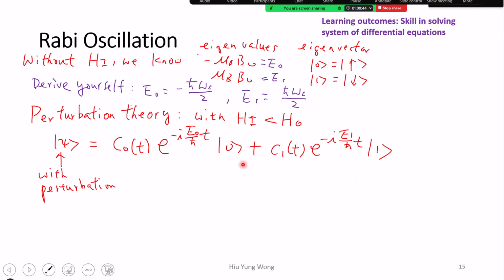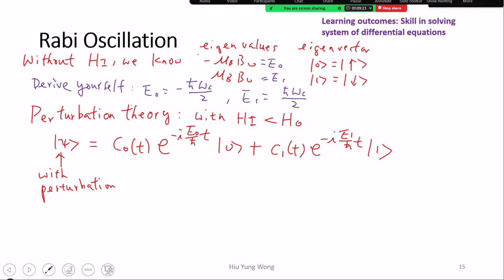Except that the coefficients, first, will be modified by this phase factor related to the eigenenergy. That is the first thing. Second thing, your C1 and C0, these two coefficients are time dependent, and also you need to recalculate. That is what it means in perturbation theory, and we accept it, okay? Because you can imagine if the perturbation is infinitely small, then this should just go to the original basis vector, right?